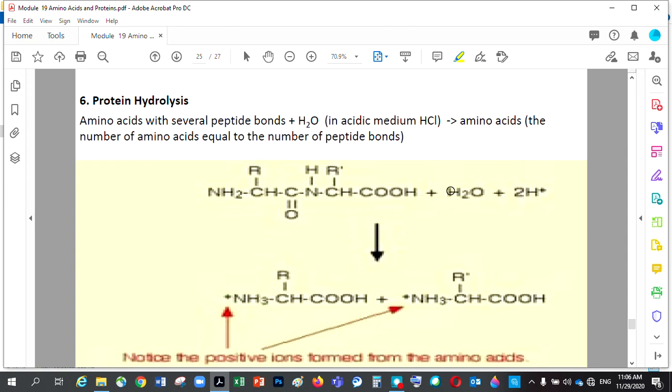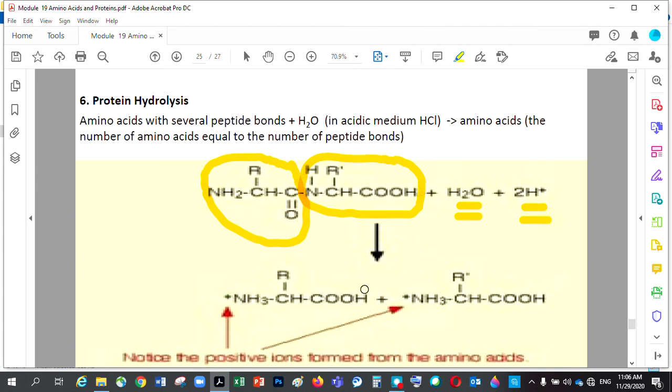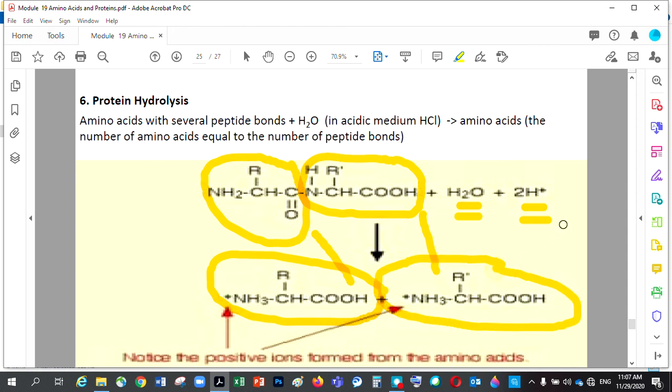Or hydrochloric acid, and I'll break this chain of 50 amino acids into 50 different individual amino acids. So if you look here, this is one amino acid, correct? This is the second amino acid. If I use H2O in the presence of the catalyst, I break it into what? See here, this one here is the first one, and this one here is the second one.